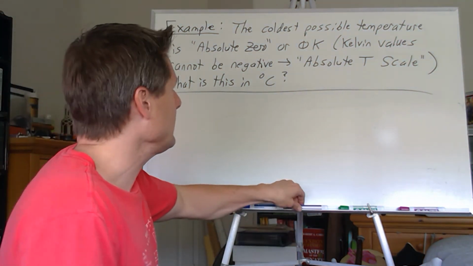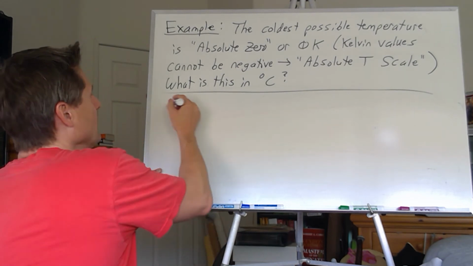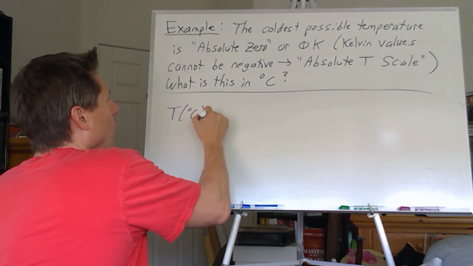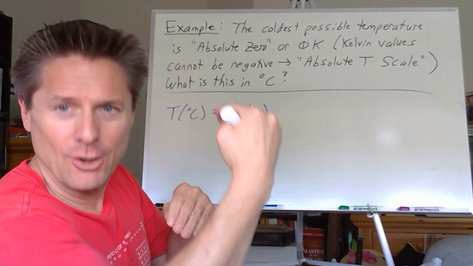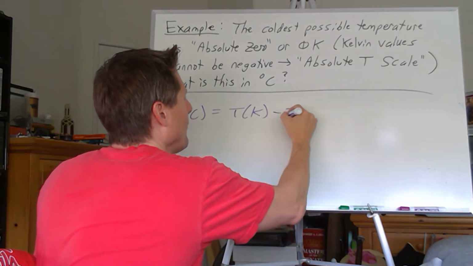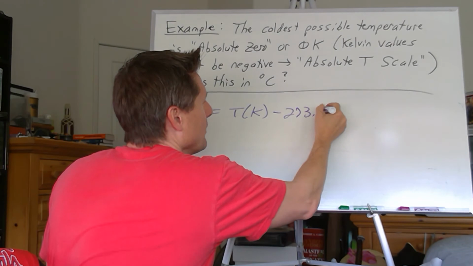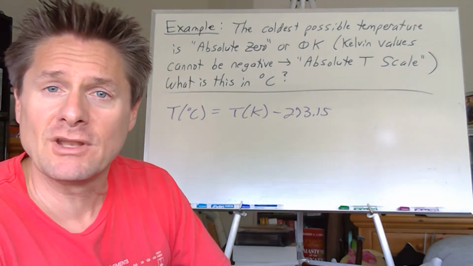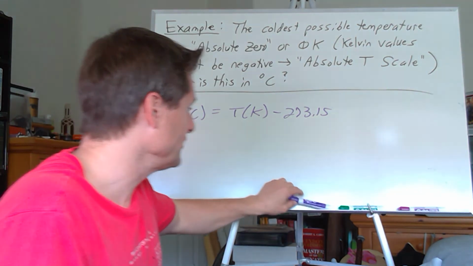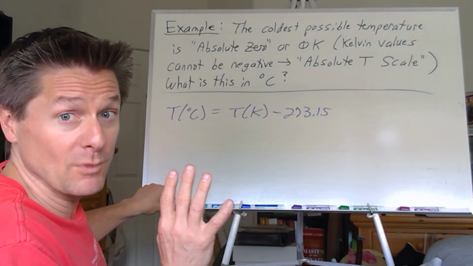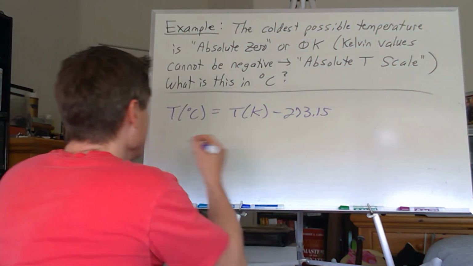So let's go ahead and calculate this. What is it in degrees Celsius? Well, that would be the temperature in Kelvin. And remember, Kelvin's the higher one, so we have to subtract 273.15. That's the shortcut version, ignoring the 1 Kelvin to 1 degree Celsius conversion. These are real simple, which is nice because you do them quite a bit.